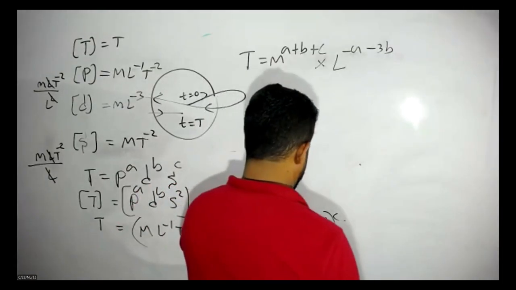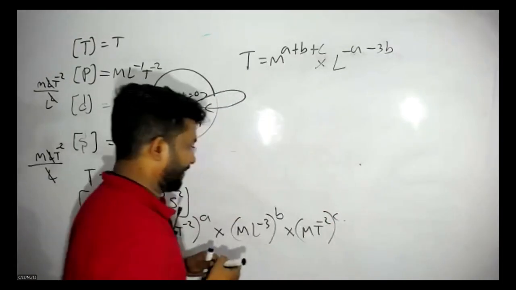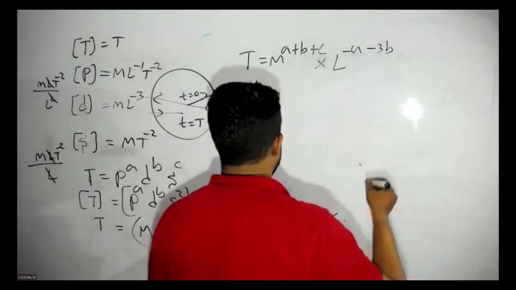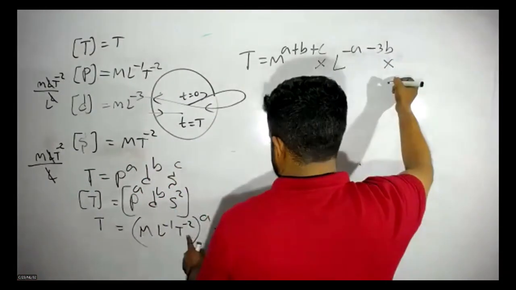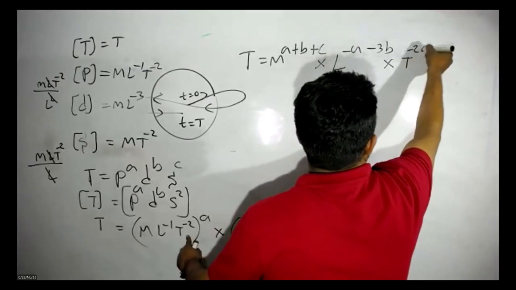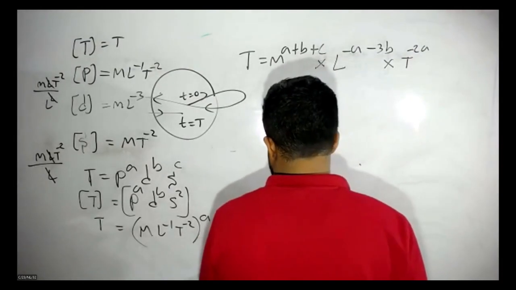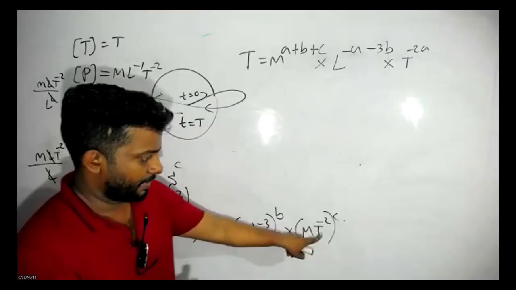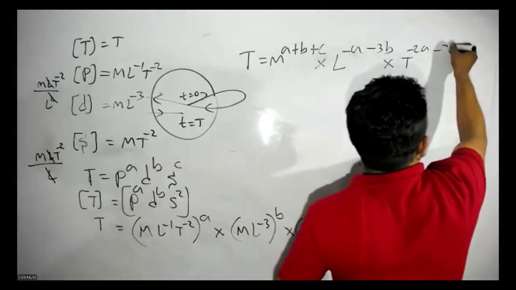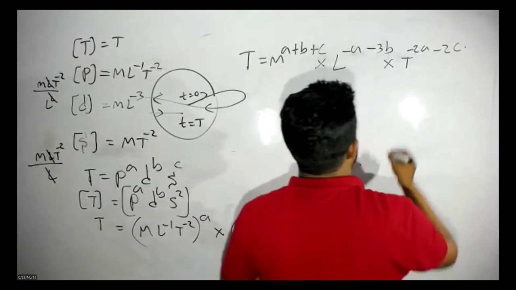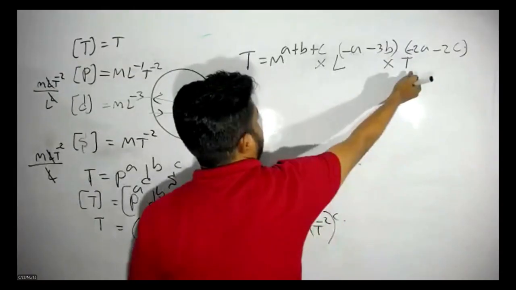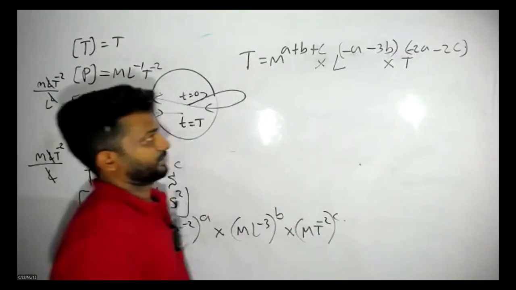For this one there are no L dimensions. Then consider the dimensions of T at the right side: minus 2A here, none here, and minus 2C here. These are the dimensions of M, L, and T at the right side.